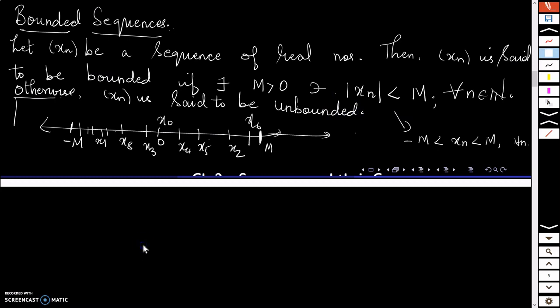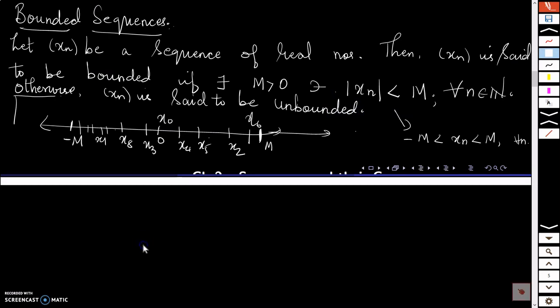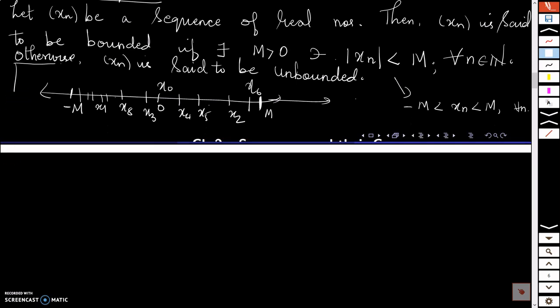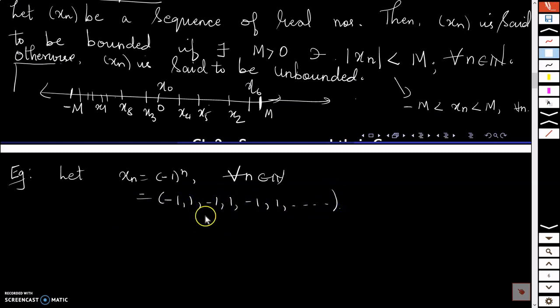For example, if you look at the sequences that we had discussed earlier in this chapter, I will pick up 2 or 3 of them, and we will see whether they are bounded or not. If you consider xn equal to -1 raised to n for all natural numbers, then this sequence only takes the values -1, 1, -1, 1, and so on. If you take m equal to 1, and you take mod of all the terms of the sequence, you get 1 everywhere, so mod xn is less than or equal to 1 for all natural numbers n.